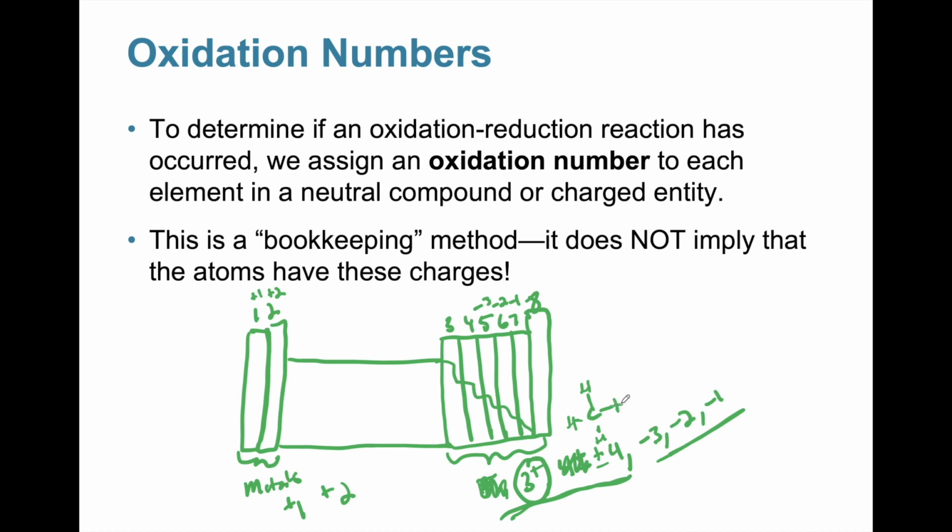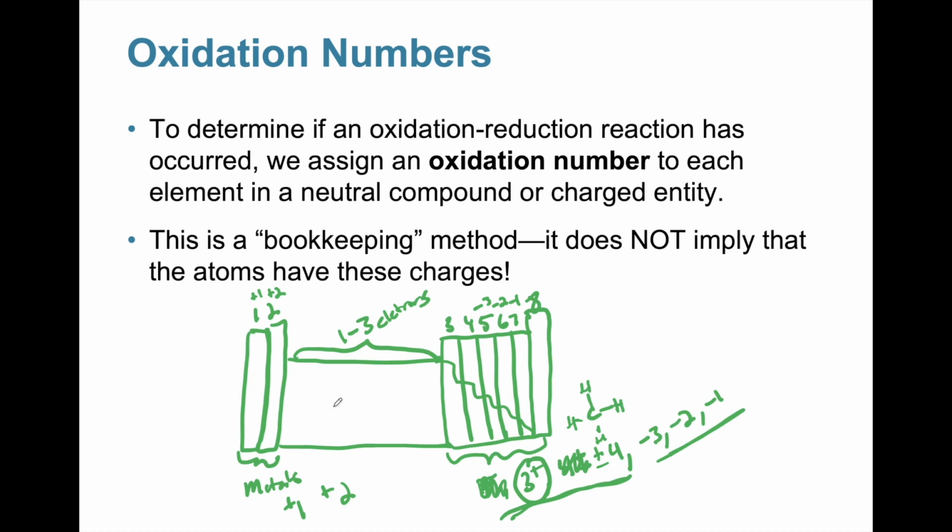Okay, and then we have our transition metals right here. They can lose anywhere from 1 to 3 electrons each. So that's why you get things like copper 1 or copper 2 or copper 3, right?